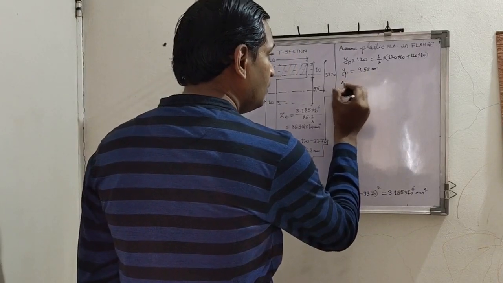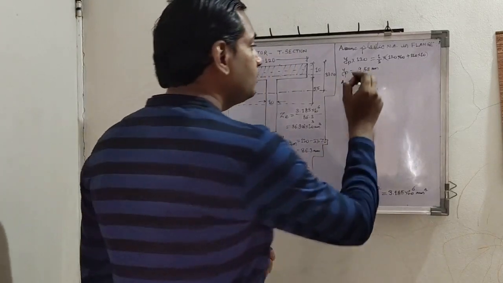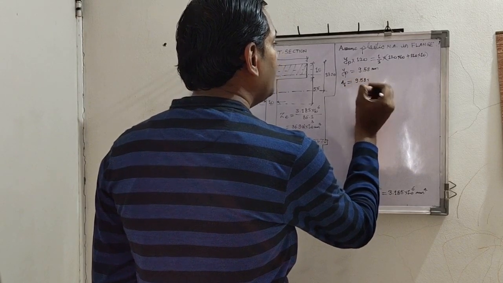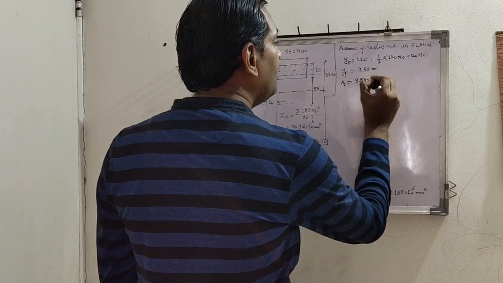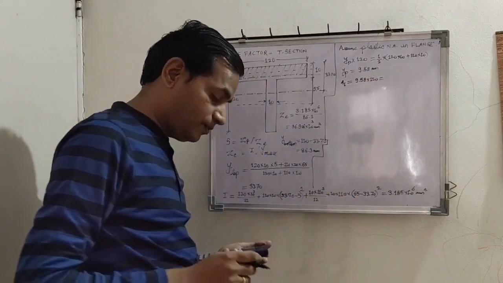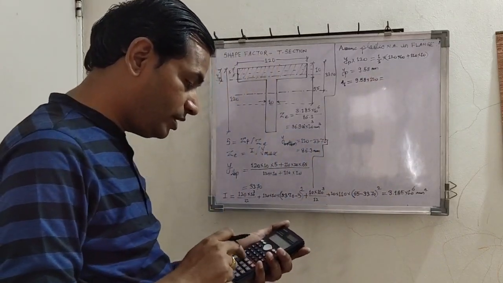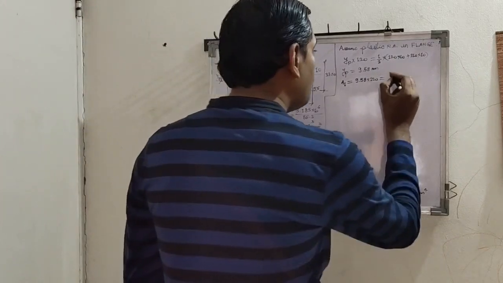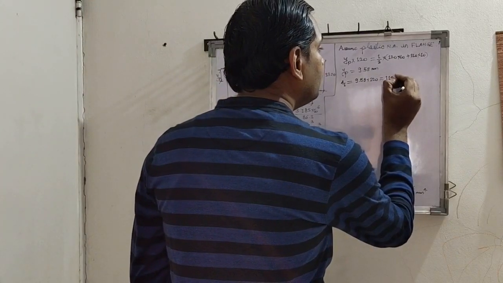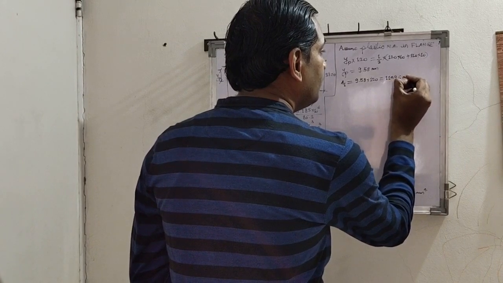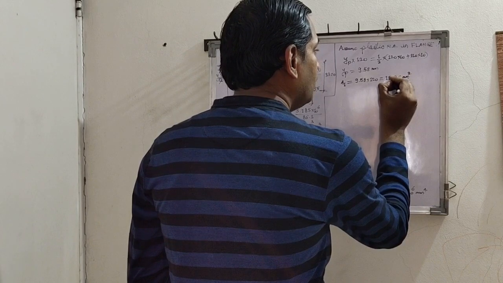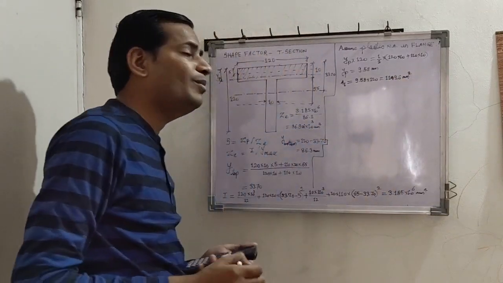A1 is equal to 9.58 depth into 120. What is this product? Calculate. 1149.6 mm square.